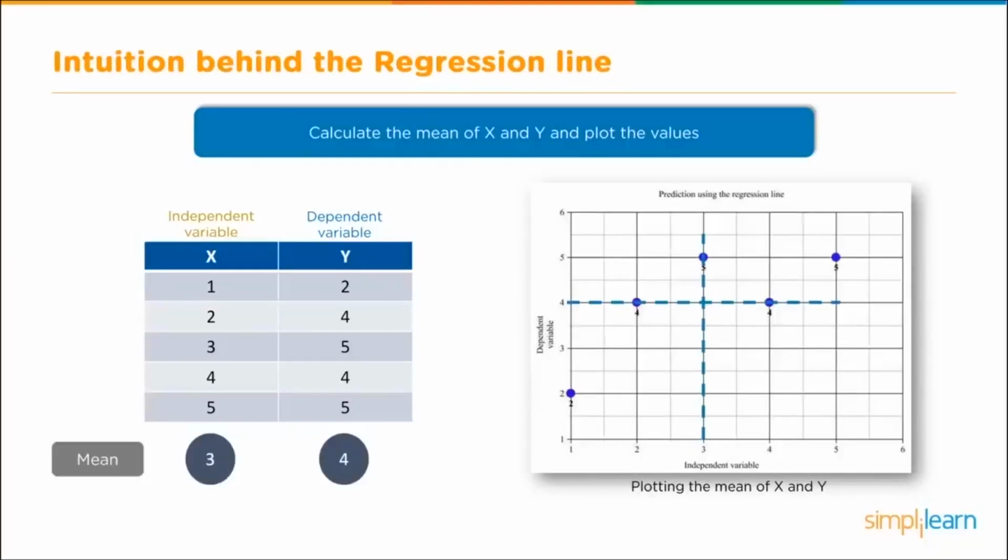The next thing we want to know is the means of the data coming in, the x and the y. The mean is nothing other than the average. So we add up all the numbers and divide by the total. So 1 plus 2 plus 3 plus 4 plus 5 over 5 equals 3. And the same for y, we get 4. If we plot the means on the graph, we'll see we get the point 3, 4, which draws a nice line down the middle.